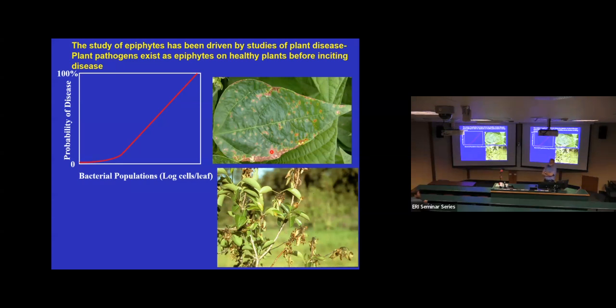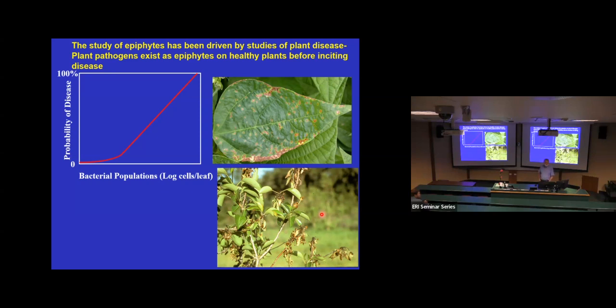Much of the study of plant microbiome has come from the study of plant pathogens historically, because we know that many plant pathogenic bacteria live as healthy microbes on plant surfaces. So we think of plant pathogens such as that causing bacterial brown spot of bean and fire blight disease of apple. These exist for most of their life as a saprophyte on the surface of healthy plants. In the previous picture, we showed there are large numbers of bacteria.